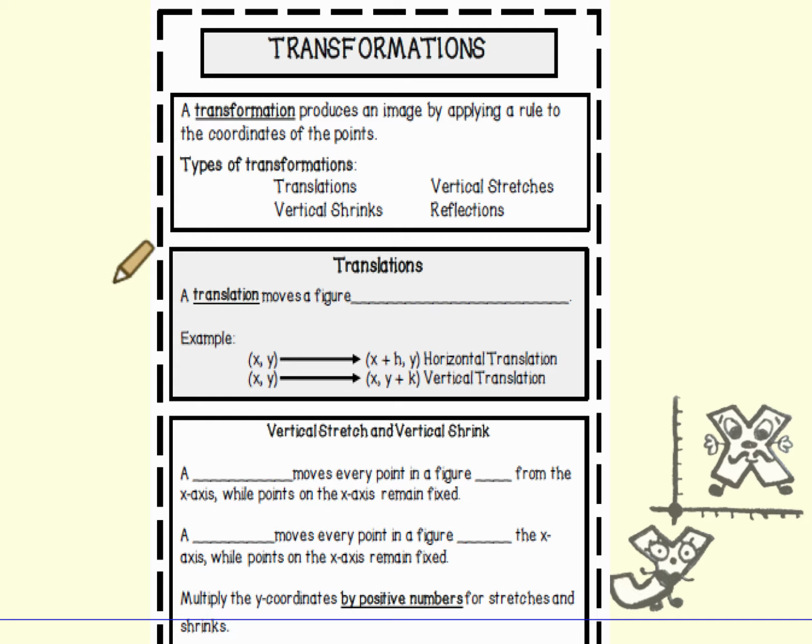Okay. Summary of transformations. These are the types of transformations that we have: vertical shrink or compression, vertical stretch, reflection, translations. A translation moves the figure up, down, left, and right.